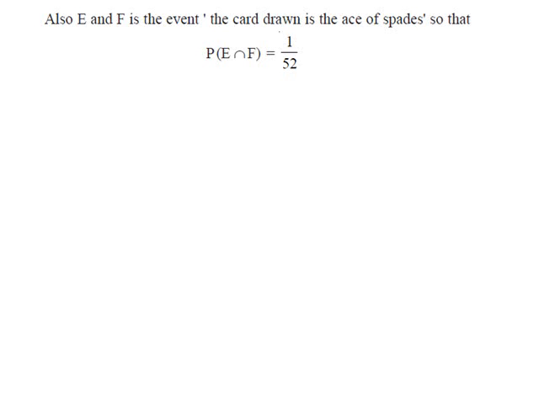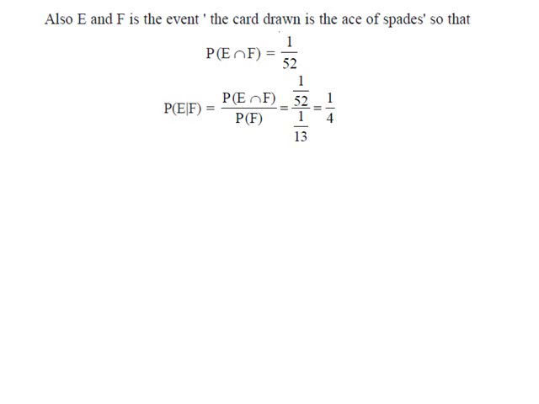Also, E and F is the event that the card drawn is the ace of spade. As we know, there is only one ace of spade in a pack of cards, so probability of E intersection F equals 1 by 52.